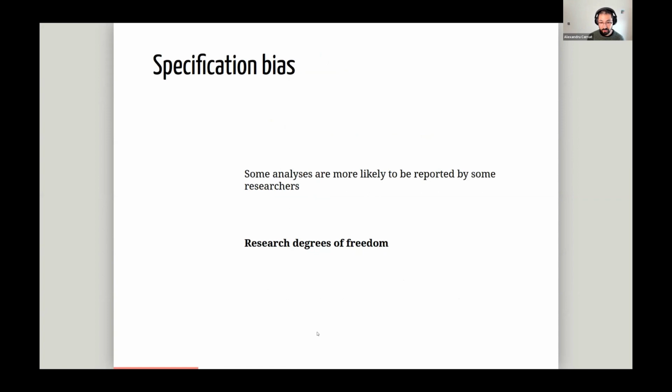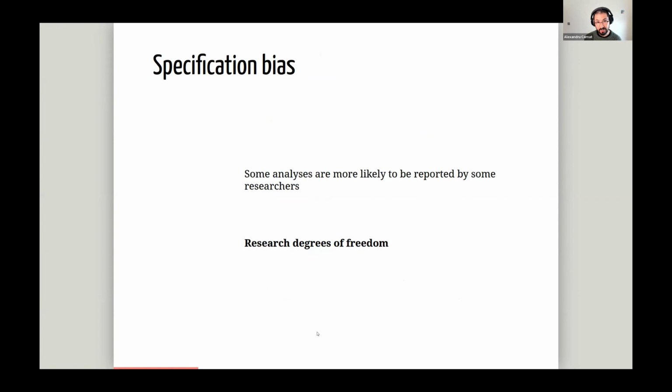Okay. So this is one issue, what actually gets published. On the one hand, this depends on the researchers, because they're less likely to publish null findings or findings that they think are not interesting. And then there's an issue with the review process, that some articles are less likely to be published. And then we have another fundamental issue with research, which is specification bias.